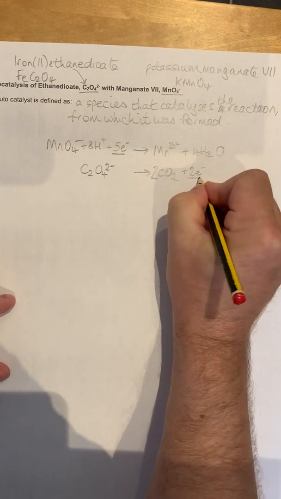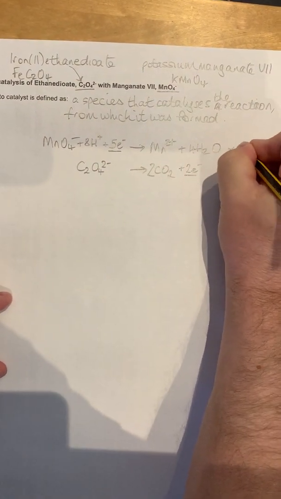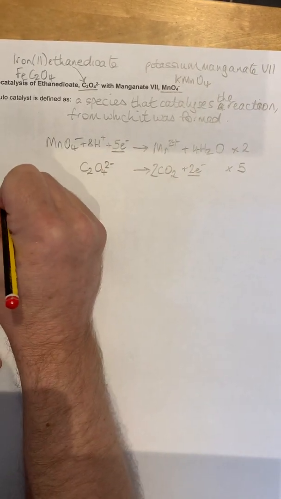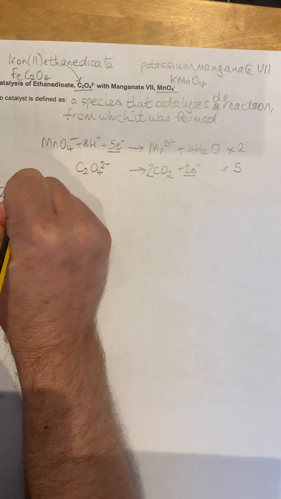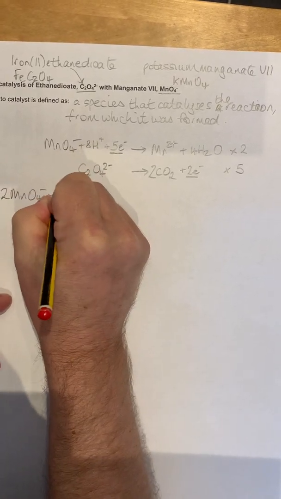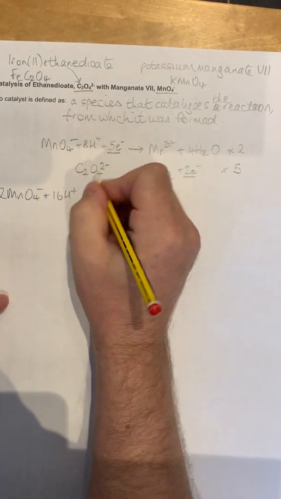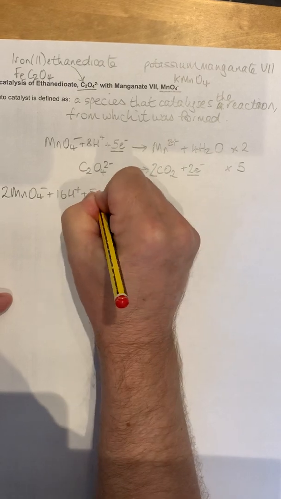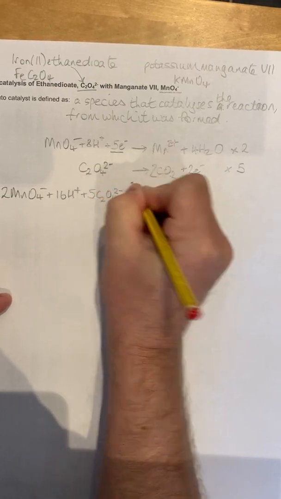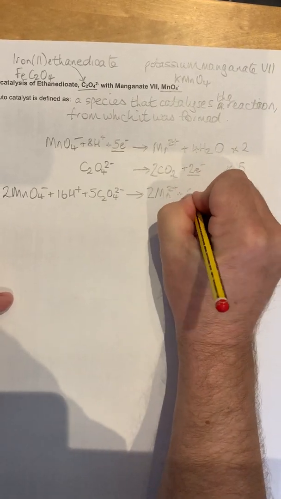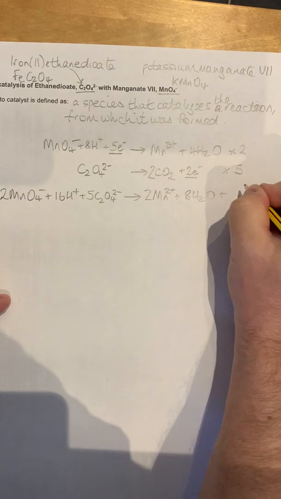Now, when we combine both of these, the electrons don't balance, so we'll multiply this one by 2, this one by 5. So we'd have 2 MnO4 minus plus 16H plus, I'll leave out the electrons again, plus 5 C2O42 minus, and that forms 2 Mn2 plus, 8 H2O plus 10 CO2.